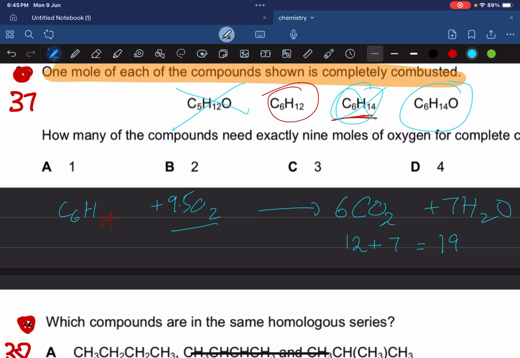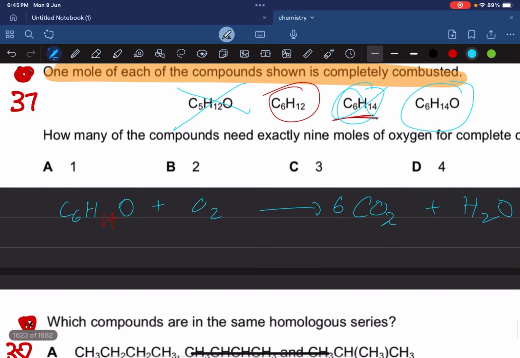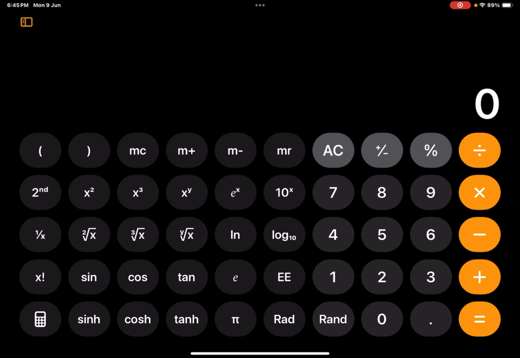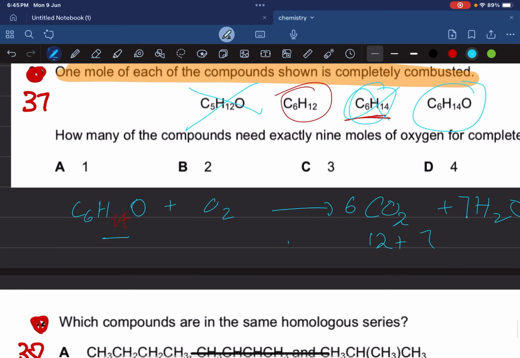C6H14O. I just add an O over here and erase this 9.5. Now I do it again. C6, so 6 over here, H14, so a 7 over here. 6 2 times is 12 plus 7, it's 19.